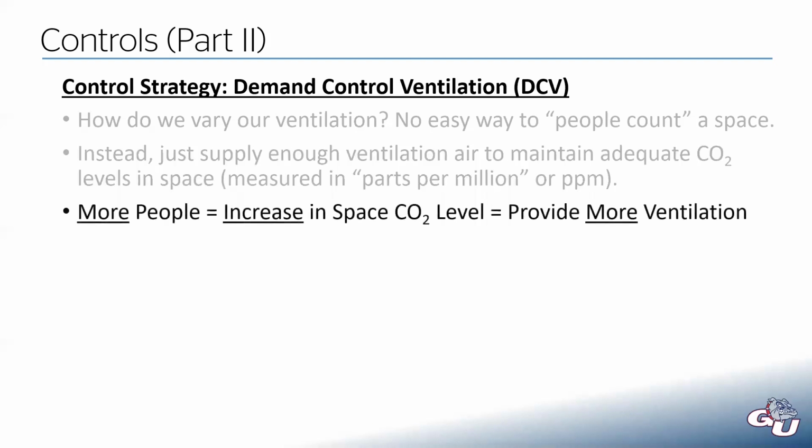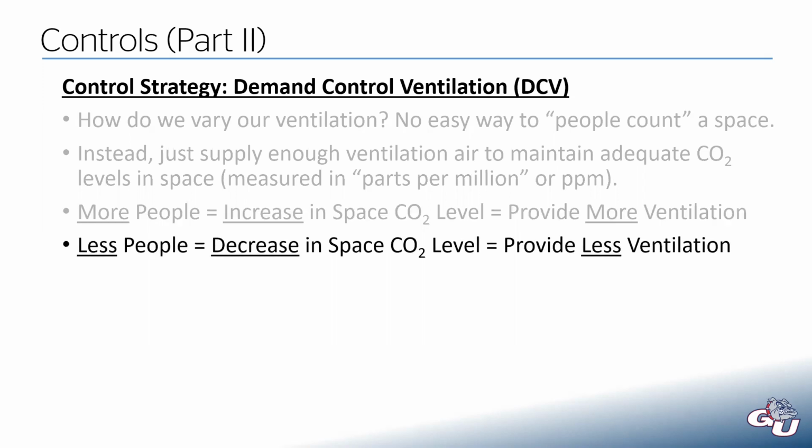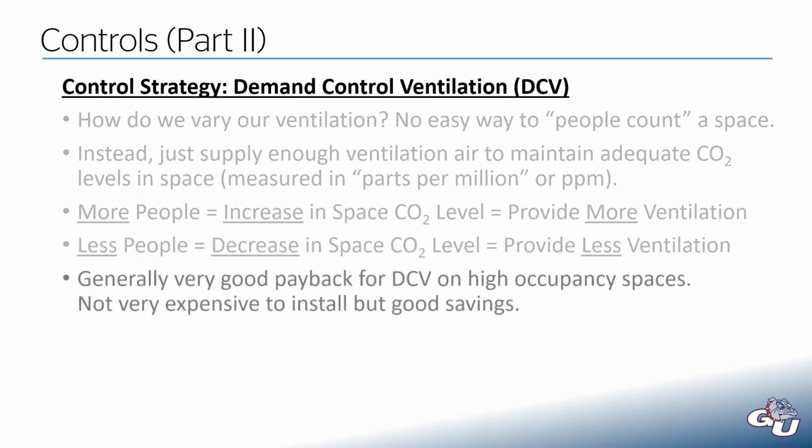If more people go into the room, that increases the CO2 level in the space, and then that tells the control system we need to put in more ventilation air because we're seeing an increase in CO2. And if we see less people, that's a decrease in the space CO2, and that tells the system we can cut back on our ventilation air. And this generally has pretty good payback.